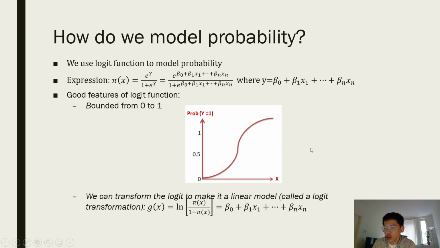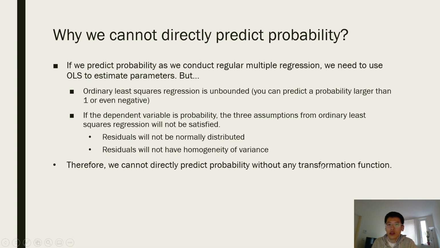Okay, so these are two good properties of the logit function. So why can we not directly predict probability? If we predict probability as in a regular multiple regression, we need to use OLS to estimate parameters, but ordinary least squares regression is unbounded, like we said. So you can predict a probability greater than 1 or even negative. This is definitely not what we want. We want our probability to be bounded.